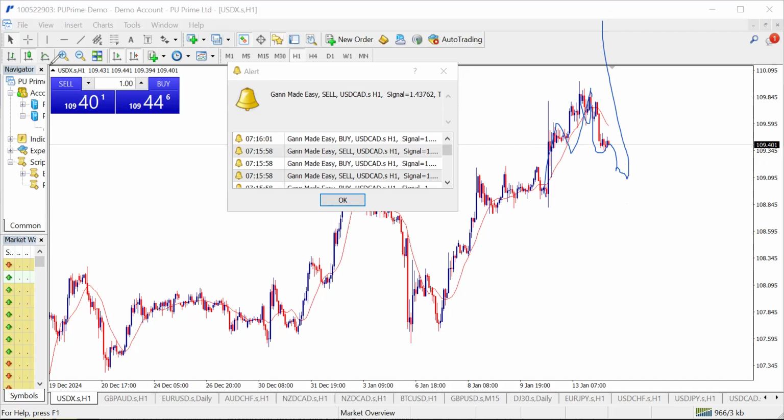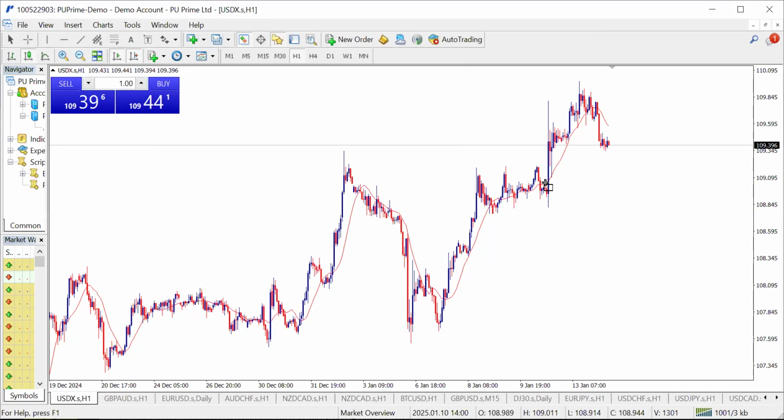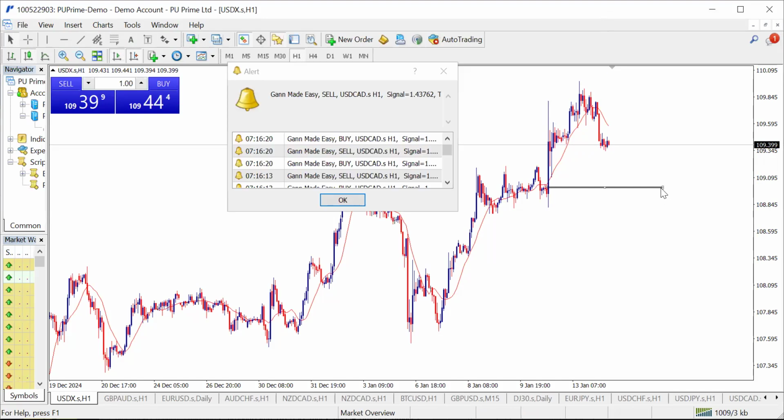What I'll be expecting for this market today is to possibly come down to this area right here, because this is a strong level and an imbalance, and I'll be expecting the market to come fill up from these areas before we get that move to the top.